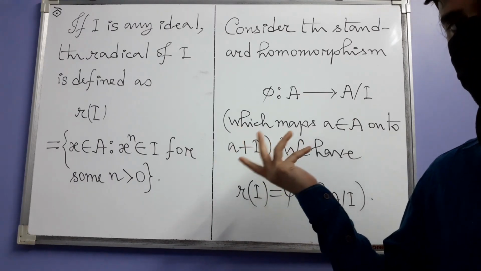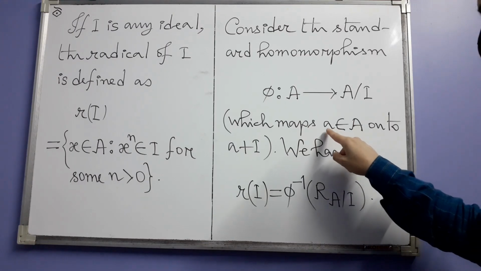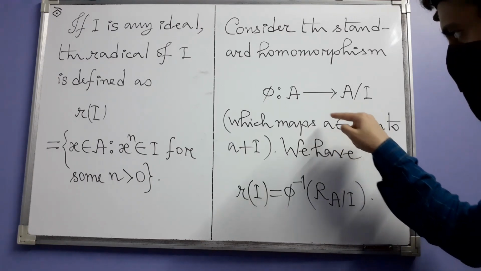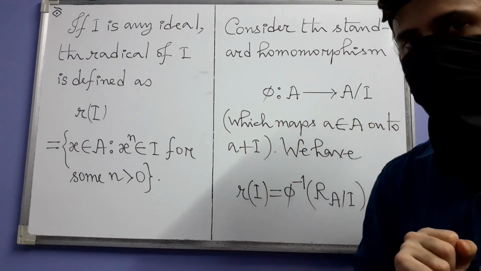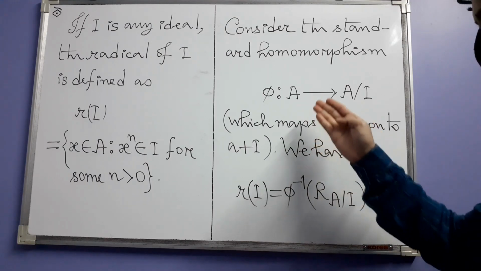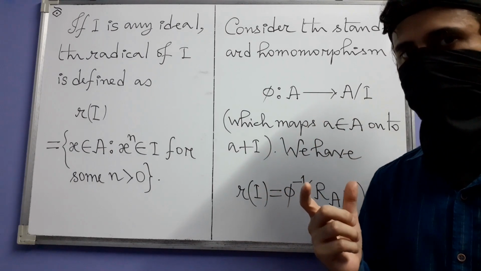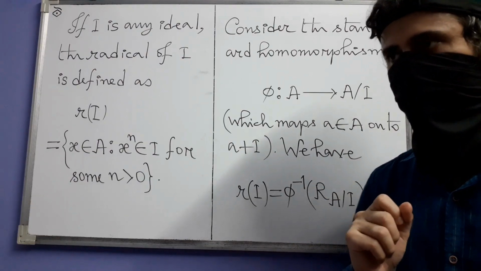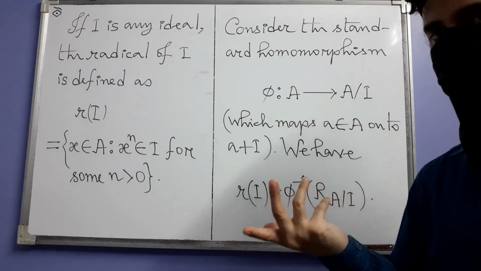You recall what this is. It's the canonical homomorphism which maps any element a in A to the coset of I that element gives us, a + I. We already know that this map is an onto homomorphism, and its kernel is in fact I.